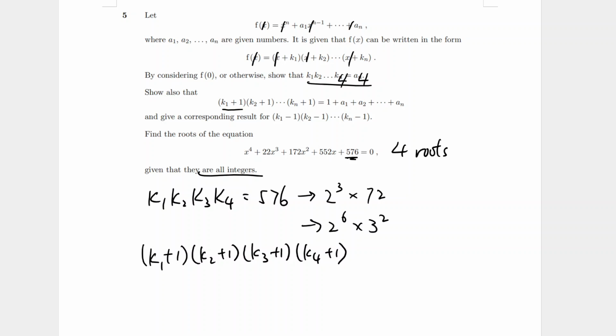It should be 1 plus a1 plus a2 plus a3 plus a4, so 1 plus 22 plus 172 plus 552 plus 576, which equals something I don't know. I'm going to cheat with a calculator, because I have no clue what that evaluates to, and I can't be bothered late in the night. So let's see what that is.